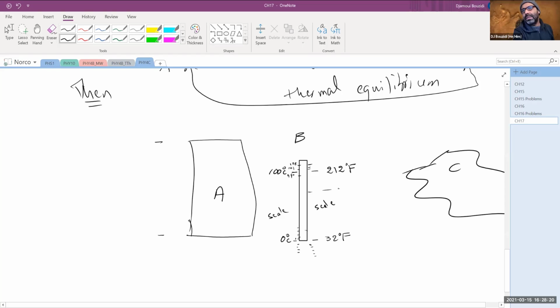Let's say, for example, the temperature is reading 72 degrees Fahrenheit, or if you wish some degree in here, let's say 24 degrees Celsius. We're going to do the conversion very shortly.